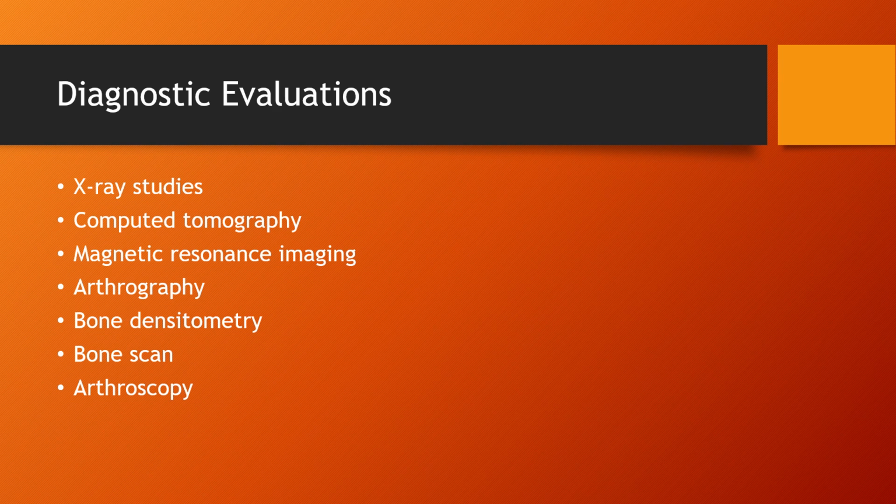MRI, or magnetic resonance imaging, is a non-invasive imaging technique. It uses magnetic fields, radio waves, and computers, and it can demonstrate abnormalities of soft tissues such as muscle, tendon, cartilage, nerve, and fat. Because it is an electromagnet, though, patients with any metal implants, clips, or pacemakers are not candidates for MRIs.